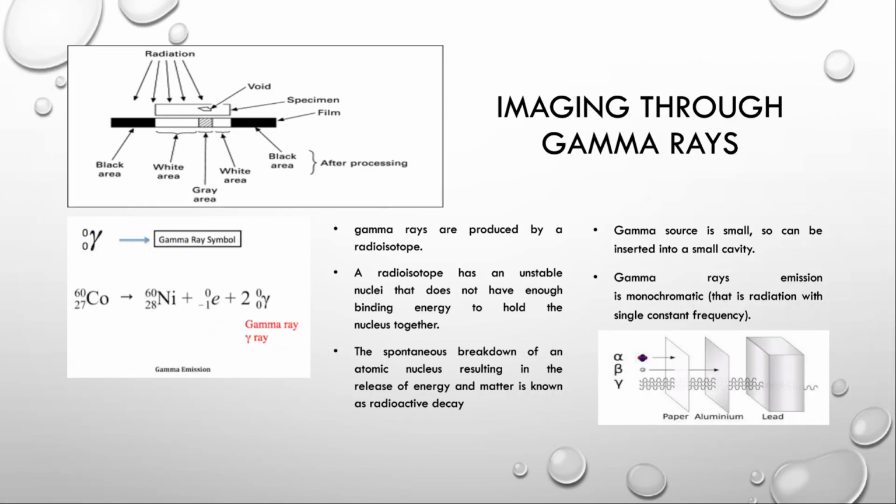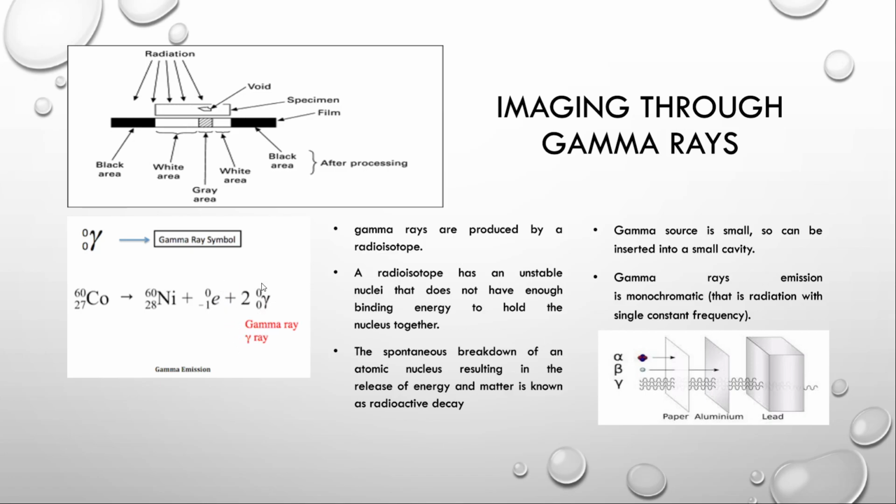Again, in radiographic imaging, one more ray is used, called the gamma ray. Gamma rays we can obtain when an unstable atom tries to become stable. In the case of cobalt, it turns into nickel, giving one electron and two gamma rays.